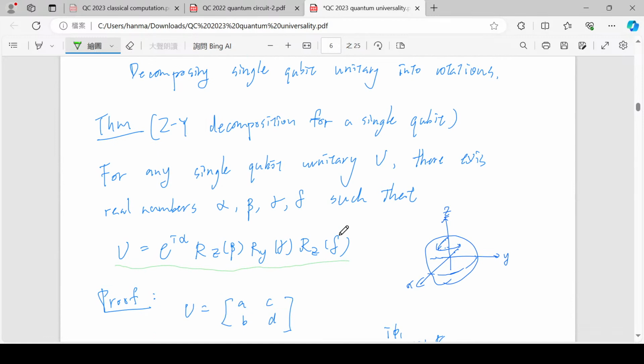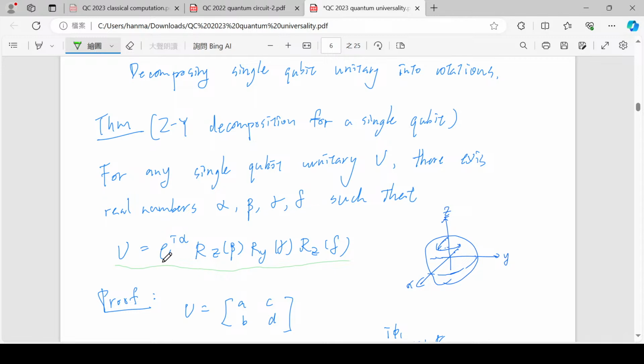So first we start with this ZY decomposition of an arbitrary single qubit gate. We say that any single qubit unitary U can be parameterized by 4 real numbers, alpha, beta, gamma, delta.